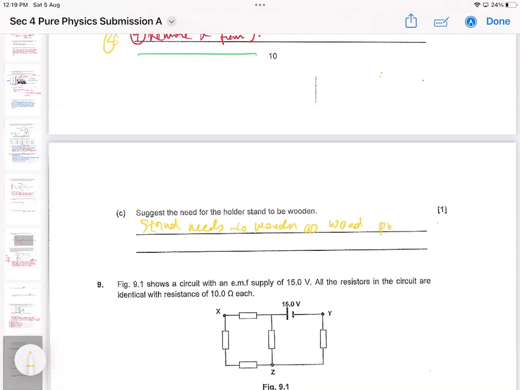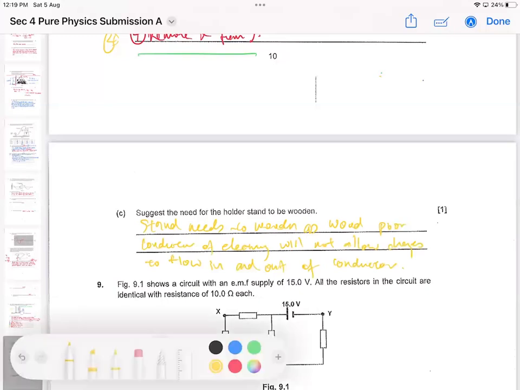It will mention that wood is a poor conductor of electricity and will not allow charges to flow in and out of the conductor. That's all.